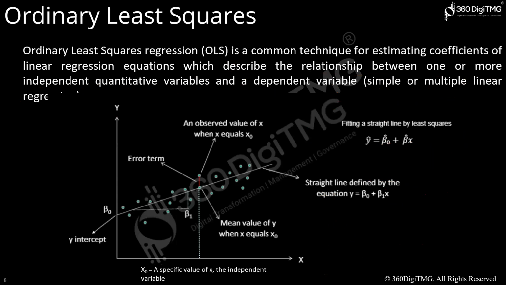Next, we have ordinary least square. So ordinary least square regression is a common technique for estimating coefficients of linear regression equation, which describe the relationship between one or more independent quantitative variables and a dependent variable.